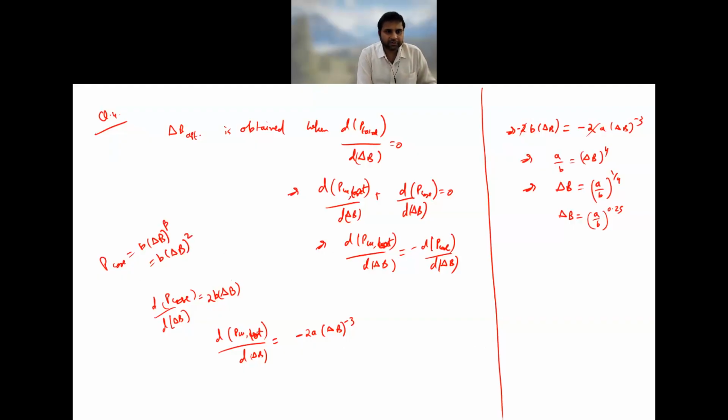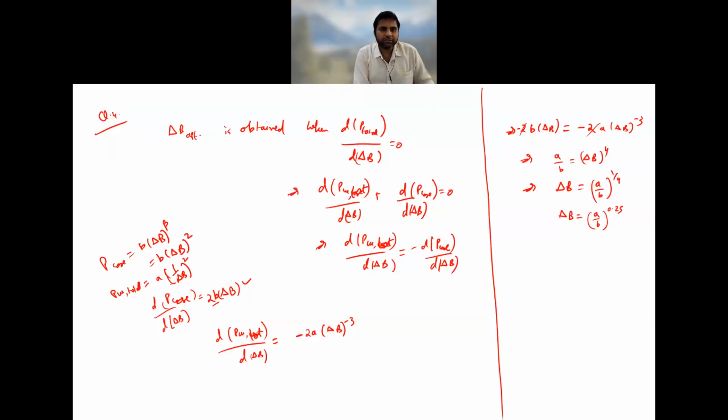When you differentiate this with delta B, you will get 2B delta B. That is the differentiation of P core with respect to delta B. Similarly, P copper total is given as A by delta B raised to power 2.